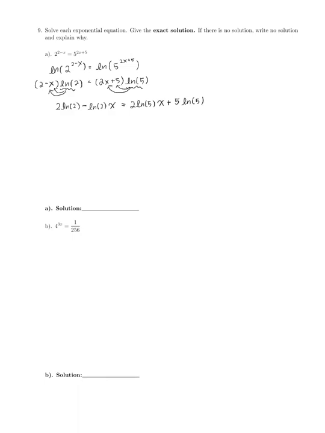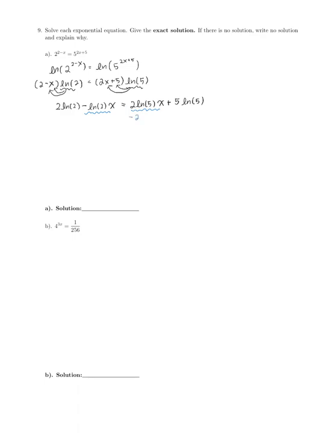So since we're solving for x, bring all the guys that have an x attached on them on one side of the equation and dump everything else on the other side of the equation. So in this case, let me just bring the 2 ln of 5 times the x to the left by subtracting it. So let me see.